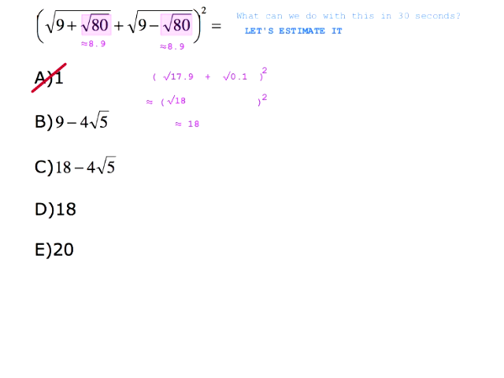Yeah, absolutely we should. Because I mean, approximately 18, approximately 18. And let's actually put that square root of 0.1 back in there now that we think about it, because that's not necessarily trivial.